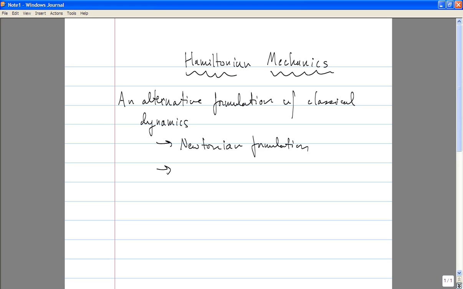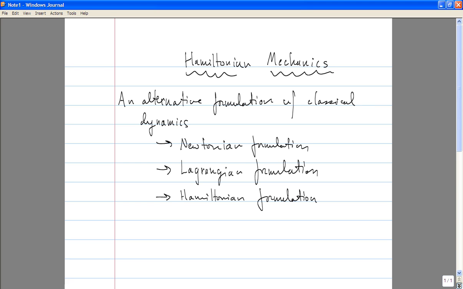Then when you were young adults, at the beginning of the semester, you learned the Lagrangian formulation. And today, you are now passing into adulthood and learning what I consider to be perhaps the most elegant and conceptually beautiful formulation of mechanics, which is the Hamiltonian formulation. And at the end of this class, as we pass into our dotage, we will learn a fourth formulation of mechanics, which goes under the name of the Hamilton-Jacobi formulation.